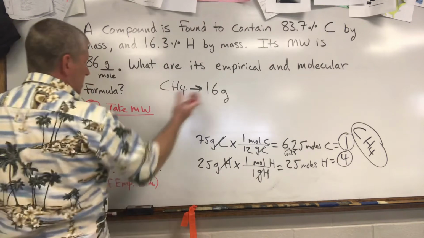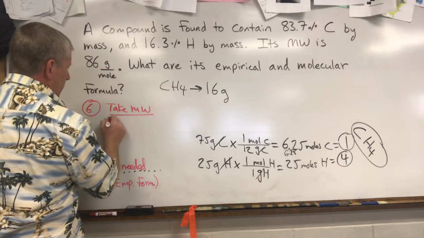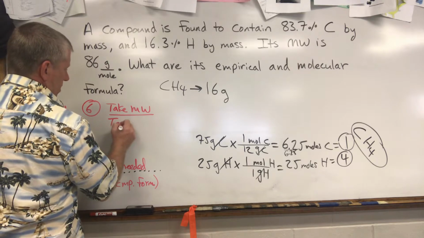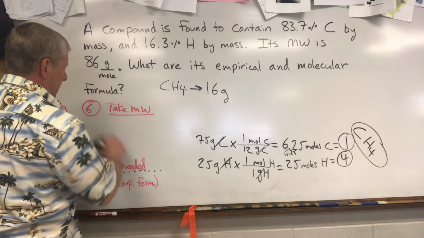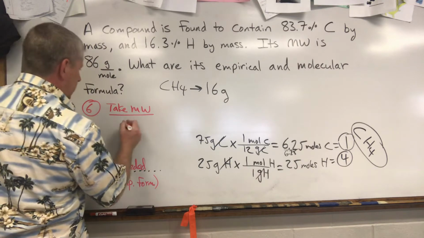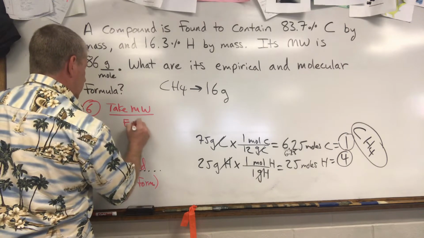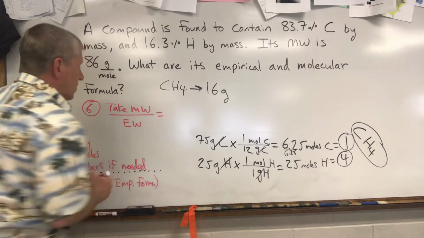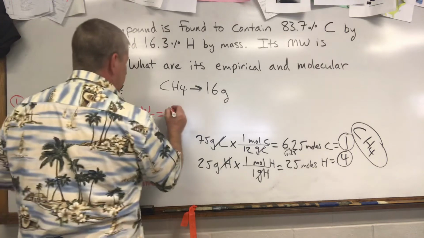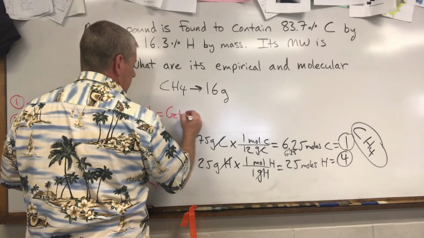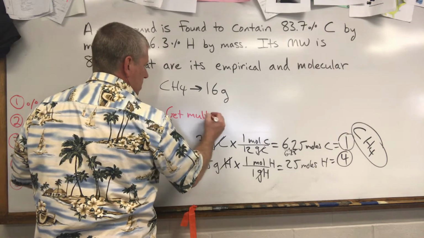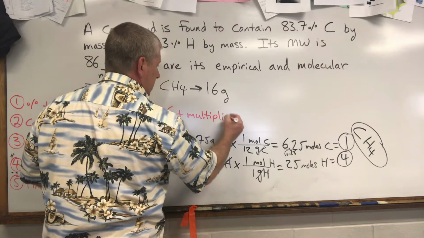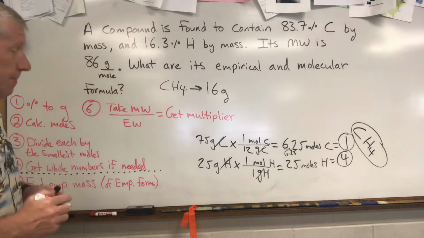The empirical weight is 16. Take molecular weight divided by empirical weight, and this gives you a multiplier.